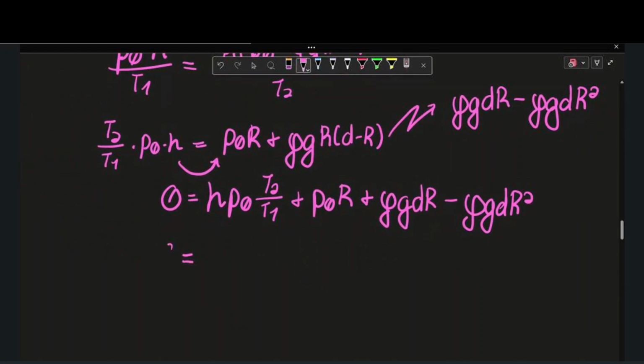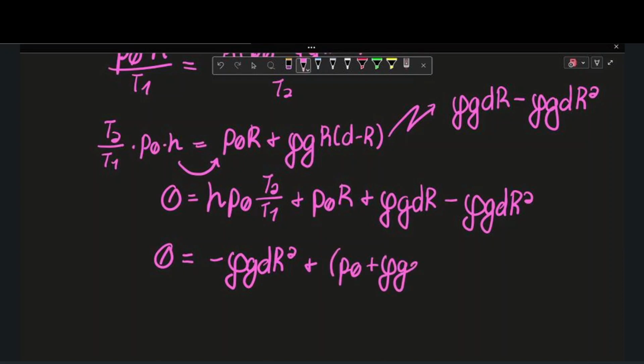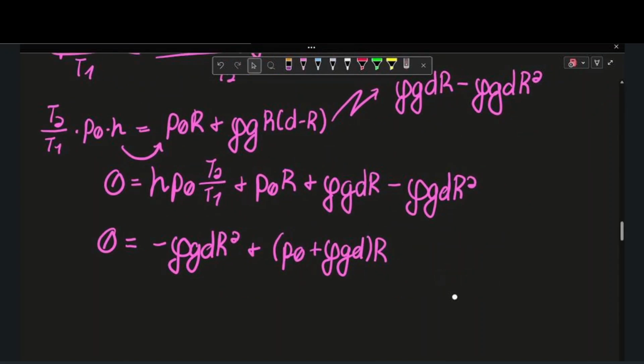Now we'll do one last thing, say that 0 is equal to negative rho g R squared plus P naught plus rho g D times R minus H P naught T2 over T1.